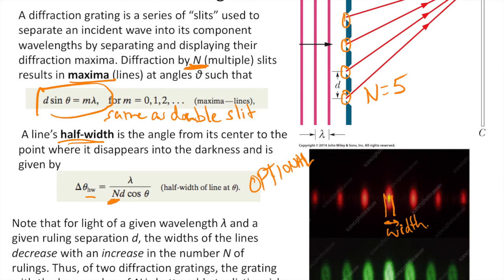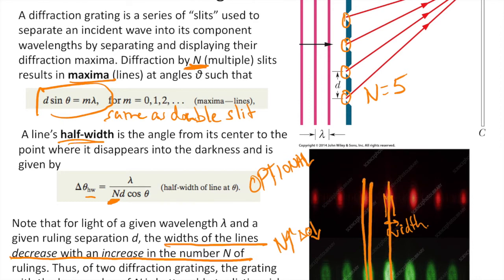There's an n down there. So the width of the lines decreases as n increases. As n increases, this delta theta decreases. So the more slits you have, the narrower these spots get. And you can see here there's red and there's green. Maybe you can see that the red is a little bit further than the green, but that depends on lambda.